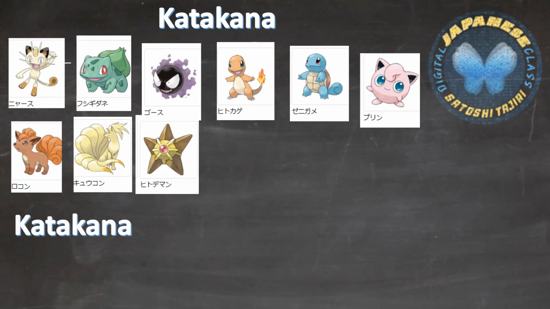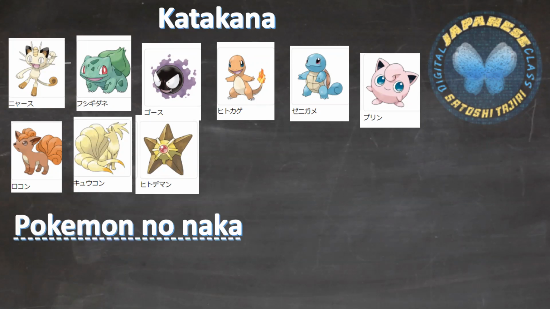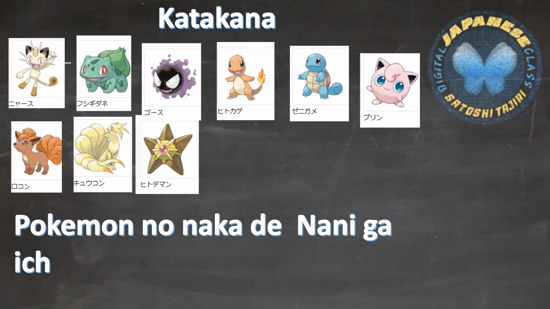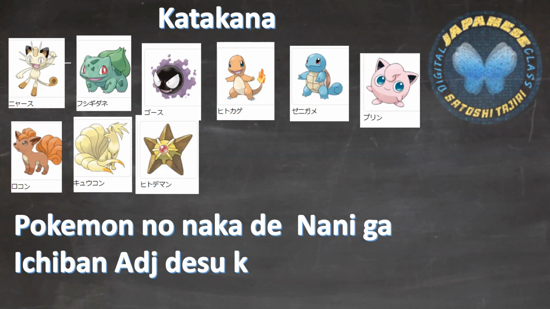So we have Pokemon no naka de, I'm saying here, among all the Pokemon. Then we have our nani ga ichiban, then we have our adjective desu ka.